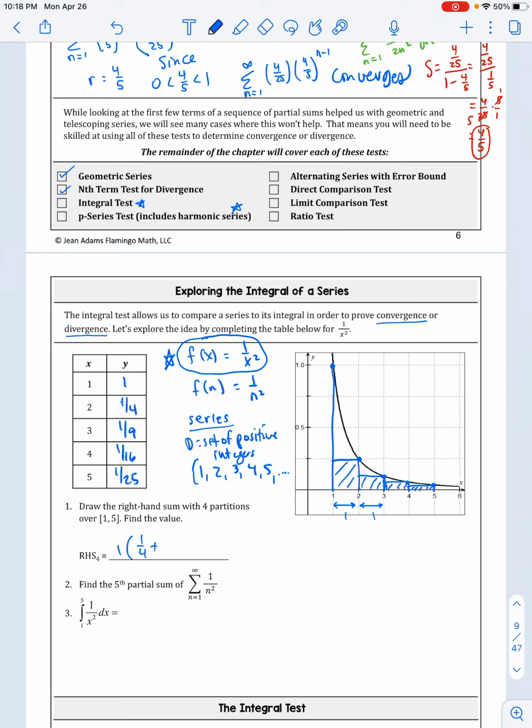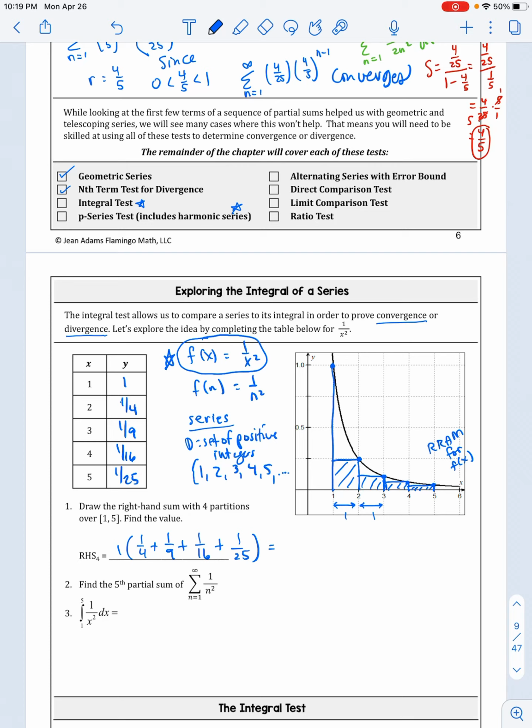And so when I take the area, 1 times 1/4, right? Plus 1 times 1/9, plus 1 times 1/16, plus 1 times 1/25. This is my RRAM, this would be your RRAM for the function f of x.